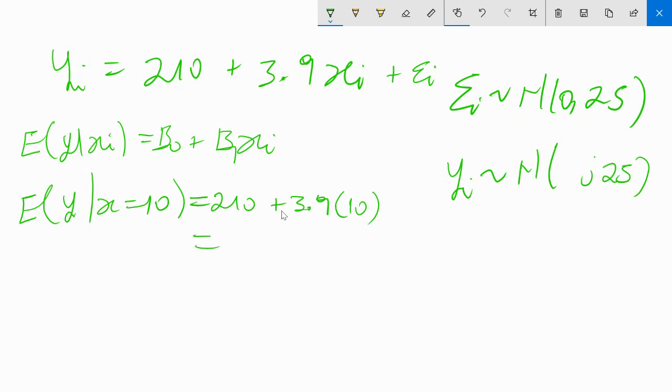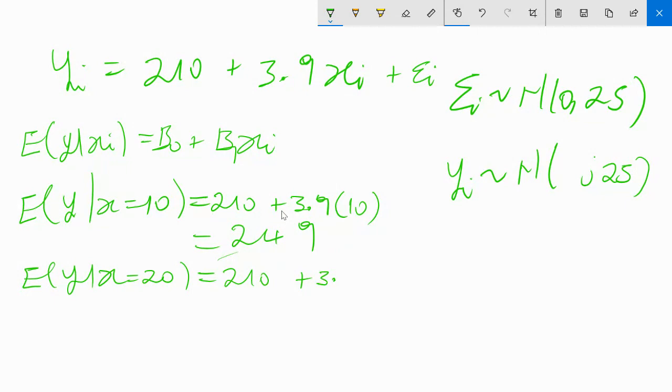The expected value of y for x equal to 20 will be 210 plus 3.9 multiplied by 20, which gives us 288.